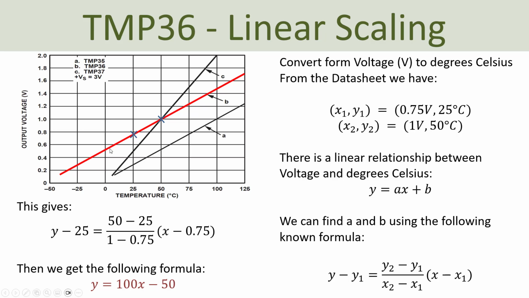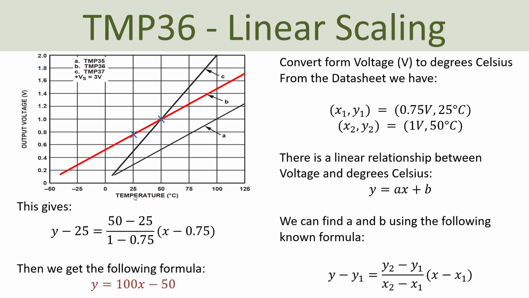And then you end up with this basic formula that gives the conversion, where X is the voltage, and Y is the temperature in degrees Celsius. So Y equals 100 multiplied by X minus 50 is the formula that you need to use in your LabVIEW application in order to convert from voltage to the temperature in degrees Celsius.